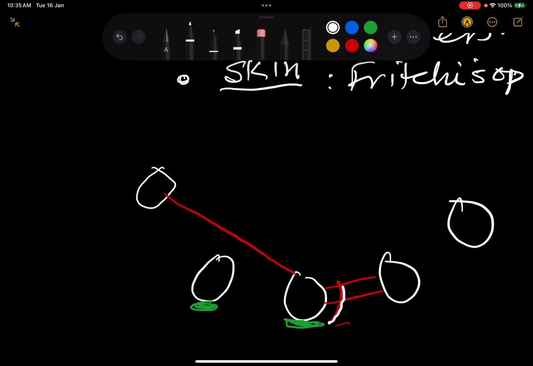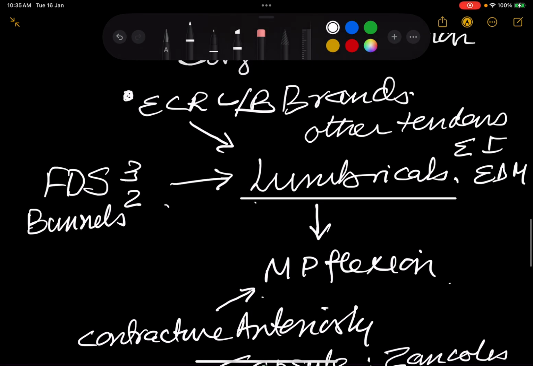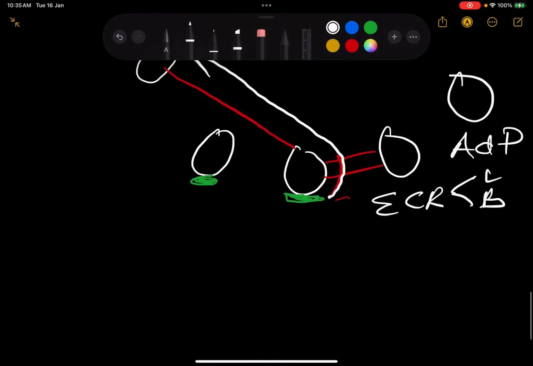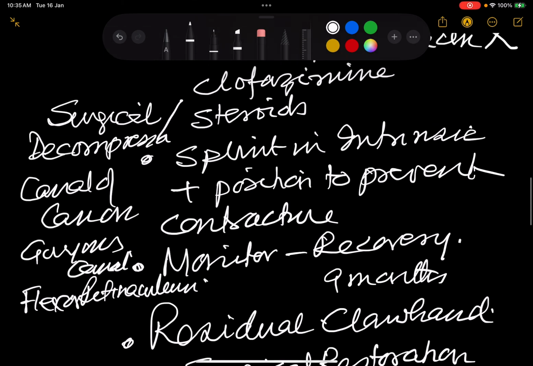Pass through this, go parallel to the adductor pollicis and insert it here. So extensor carpi radialis longus or brevis to adductor pollicis. So this is the management of a short case of ulnar paralysis because of leprosy.